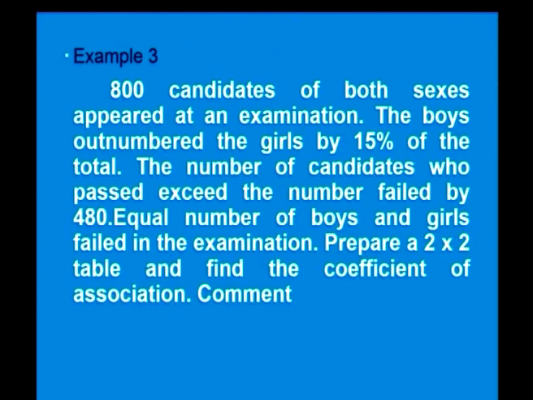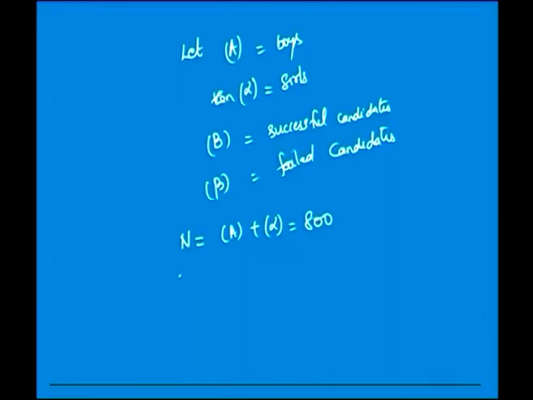Okay. And the next information given in the question is boys outnumbered the girls. Boys are represented by A and girls by alpha. So boys outnumbered the girls by 15% means A minus alpha is equal to 15% of the total, 15 by 100 into 800, which is equal to 120.